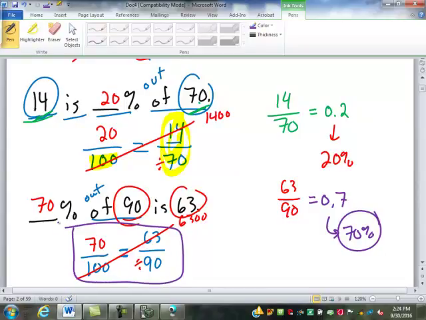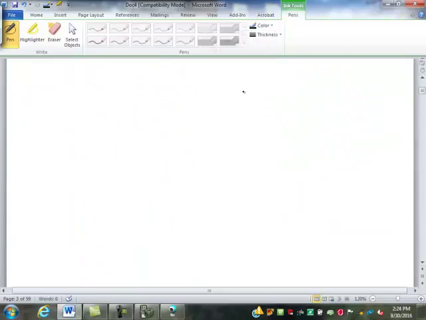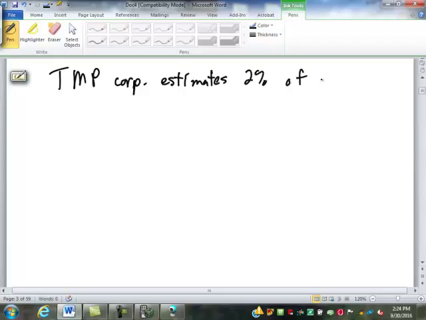Now, the proportion method also has the added advantage that when we do word problems, it allows us to just match things up. Let me show you what I mean. Let's do a word problem like TMP Corporation estimates 2% of parts will be defective.